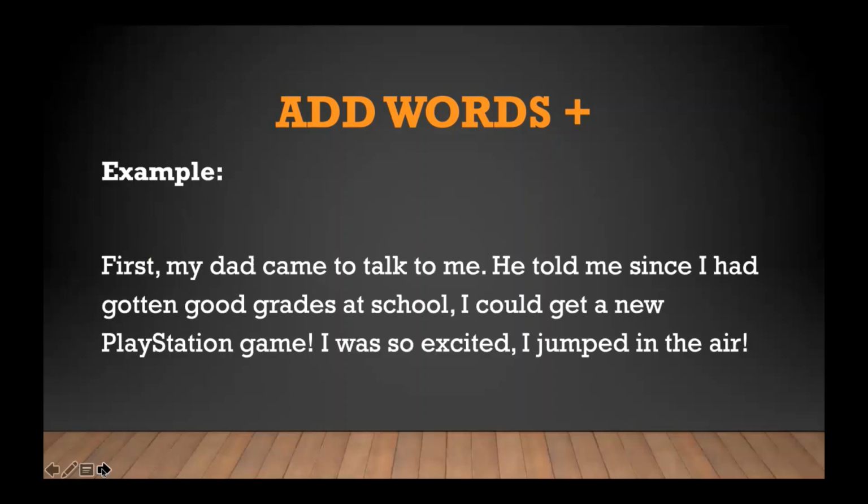Let's look at this example. First, my dad came to talk to me. He told me since I had gotten good grades at school, I could get a new PlayStation game. I was so excited, I jumped in the air.